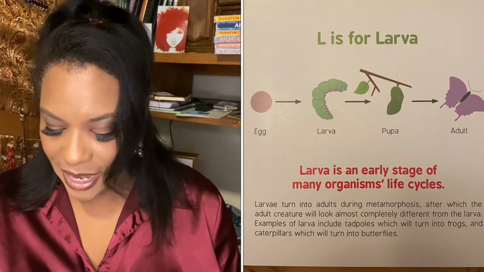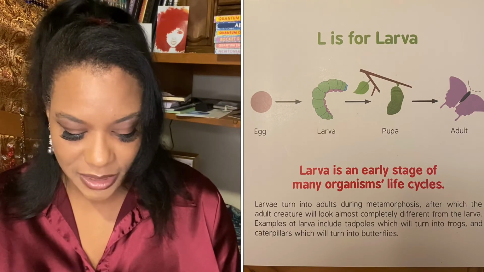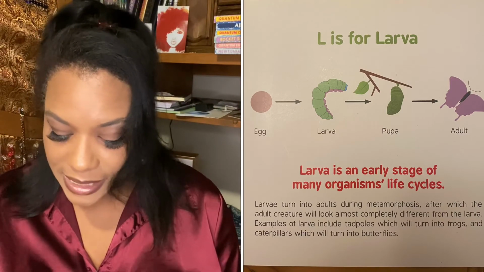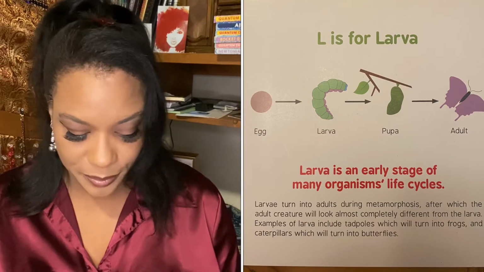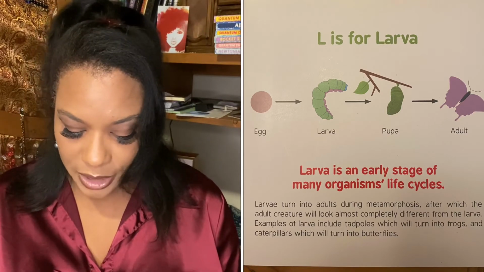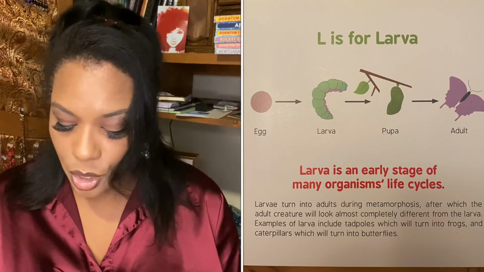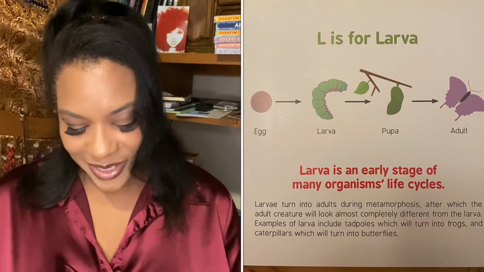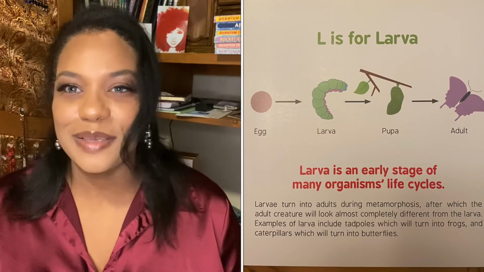Metamorphosis, after which the adult creature will look almost completely different from the larva. Examples of larvae include tadpoles, which will turn into frogs, and caterpillars, which will turn into butterflies.